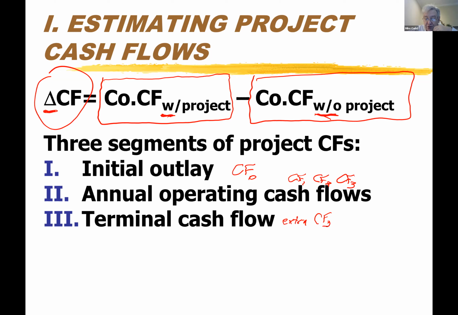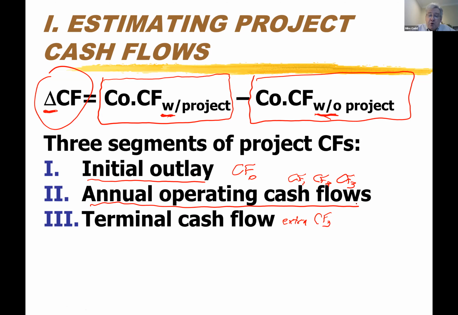Now, to recap this quickly, the initial outlay. If we invest in a project, we're going to have to buy some equipment. And that will occur at time 0. Annual operating cash flows are actually the annual cash profits.